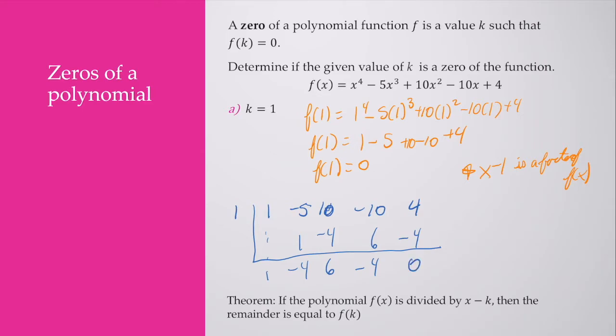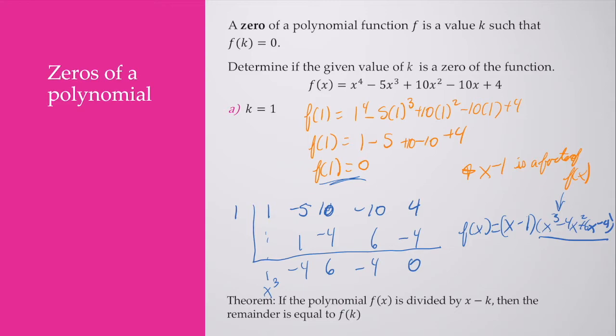We knew we were going to get a remainder of 0 because k equals 1 is a perfect divisor. So I can rewrite f of x as x minus our k, which was 1, times x cubed minus 4x squared plus 6x minus 4. And if I wanted to, I could keep going and try to find other zeros of this quotient.